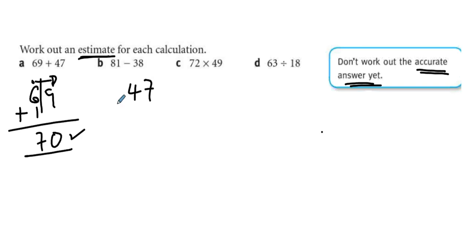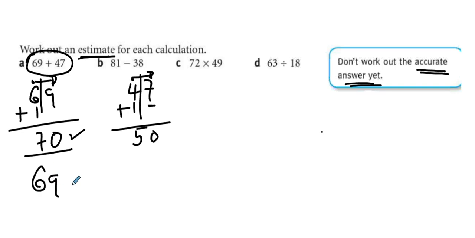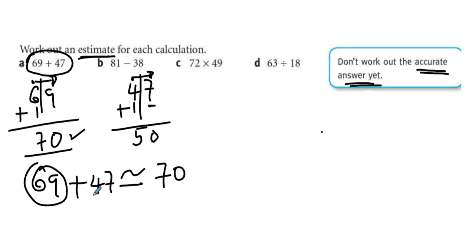47. Check. On the right there is 7. Add 1 here. This becomes 5. 7 becomes 0. So these 69 plus 47 is approximately: 69, we got 70; 47, we got 50.